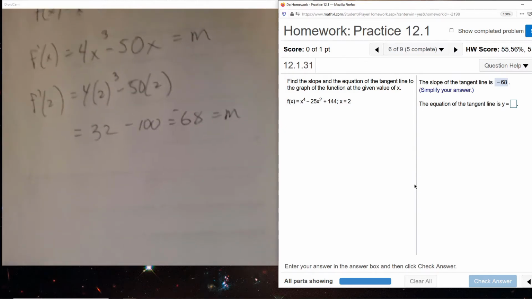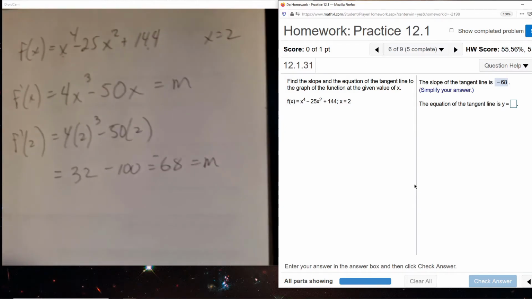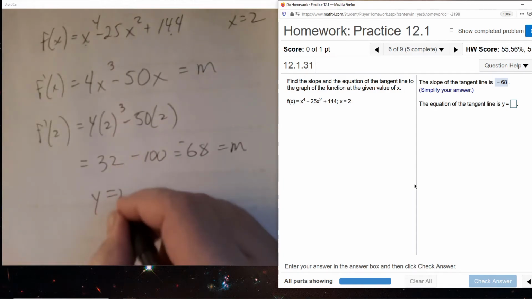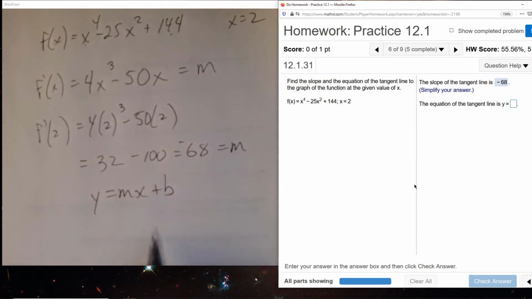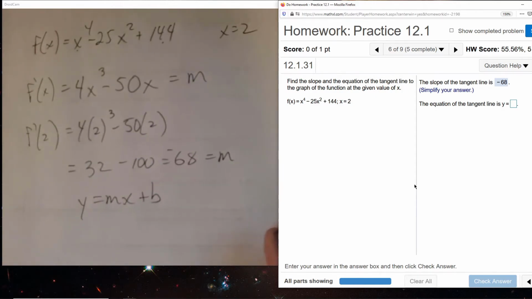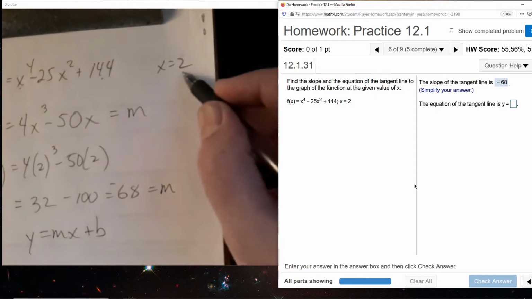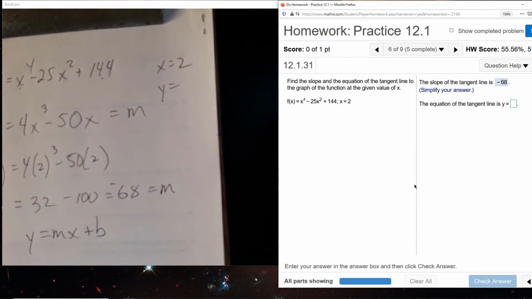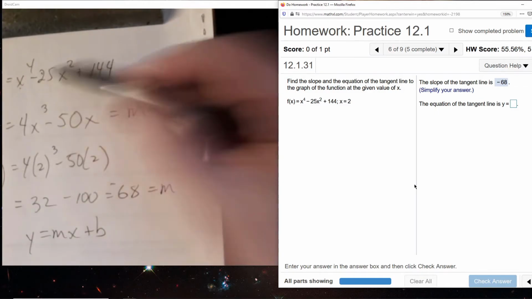And so to get the equation of the tangent line, we need the y-intercept still. So we have the slope part, but now we need to get the intercept, which means an ordered pair. So we have 2. We need to figure out what y equals at 2. So we'll have to plug that into the function.